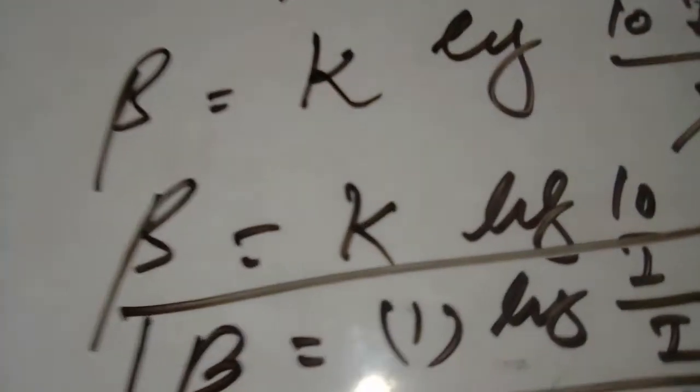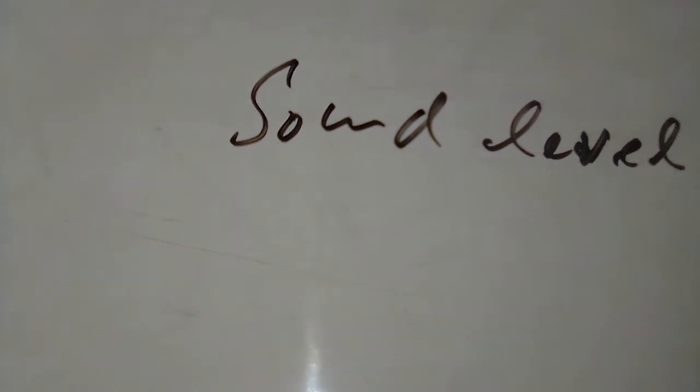If the intensity level is measured in decibel, then equation 4 can be written as sound level beta is equal to 10 log of I divided by I naught.